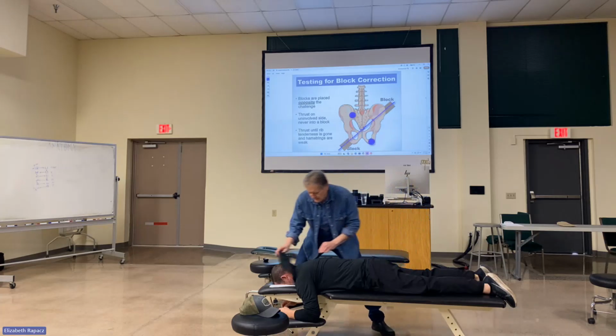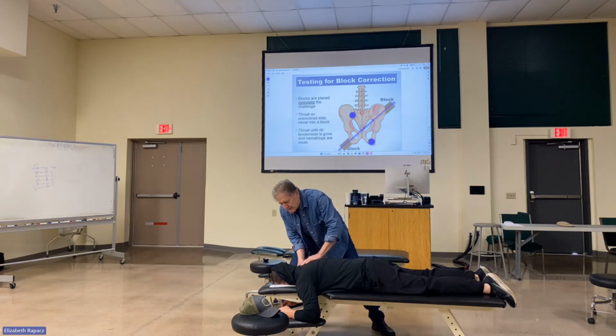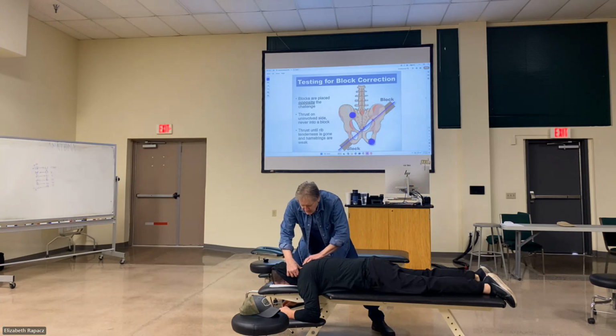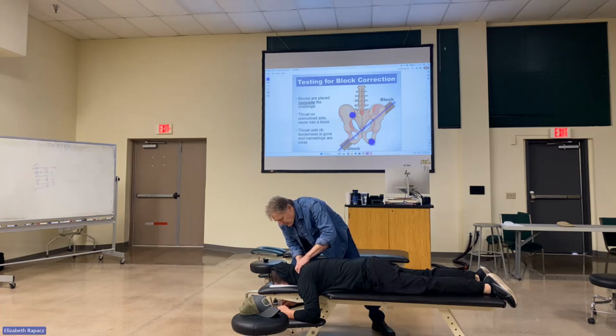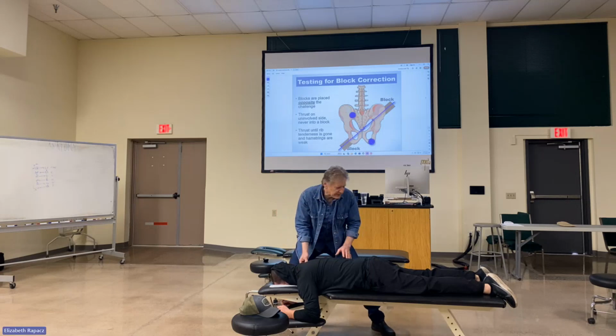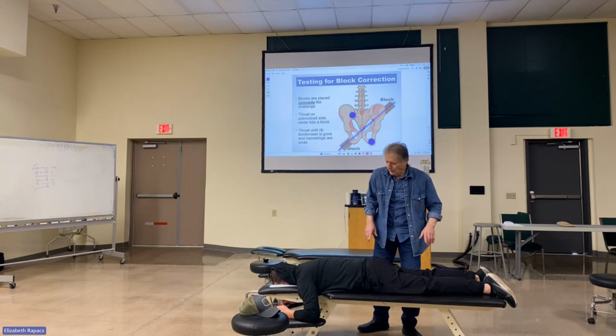Now I want to go up here to his first rib, and I want to look for tenderness. Any tenderness? So it's like here. So rib tenderness. Okay. Now, where's the blocks?